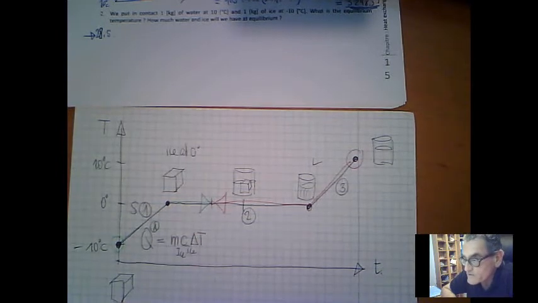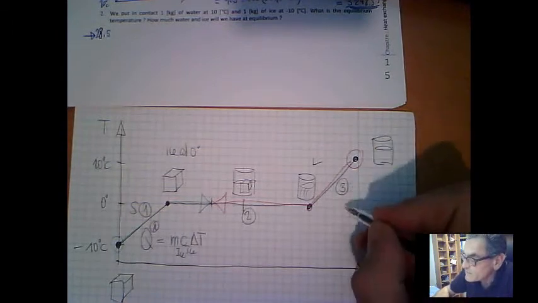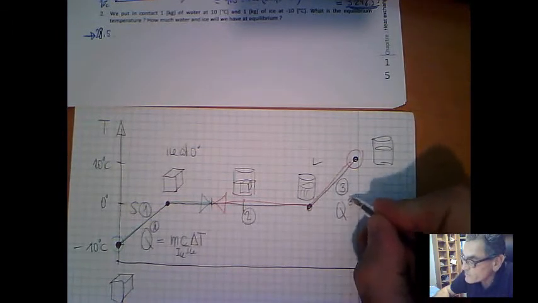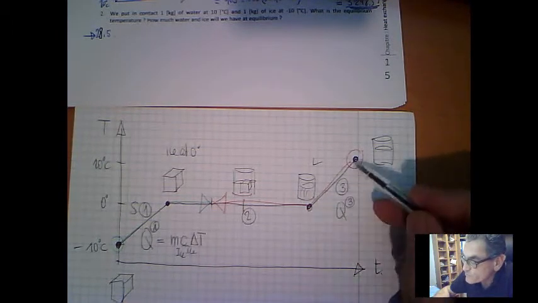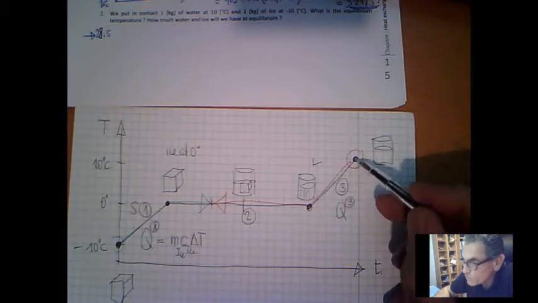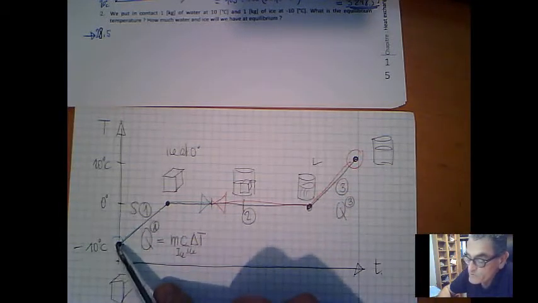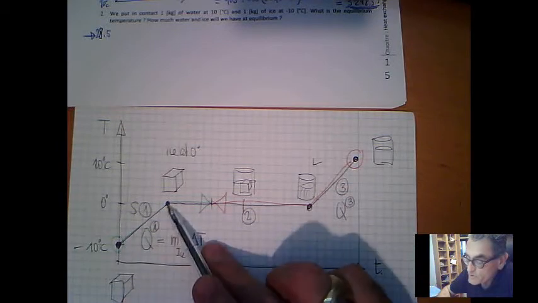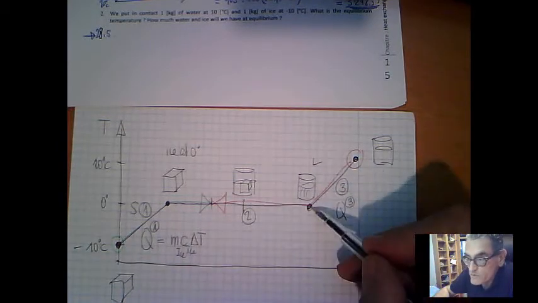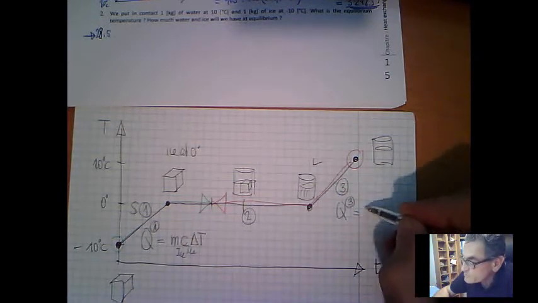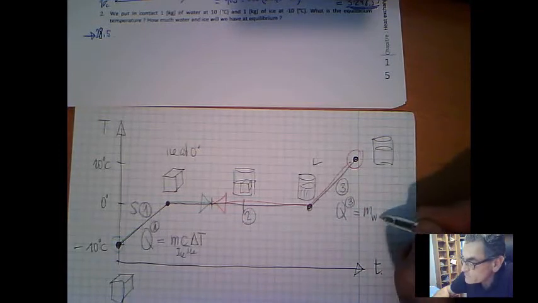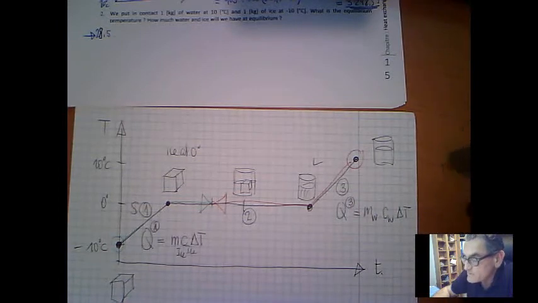Okay, be careful, the C of ice is not the same as the C of water. Okay. Here for 3, what do we have? We have a quantity of energy Q3, which is given to us by the water, which is going to cool down, because of course the ice is going to warm up and the water is going to cool down. Okay, so this Q3 is what? It's the mass of the water times the C of the water times delta T.